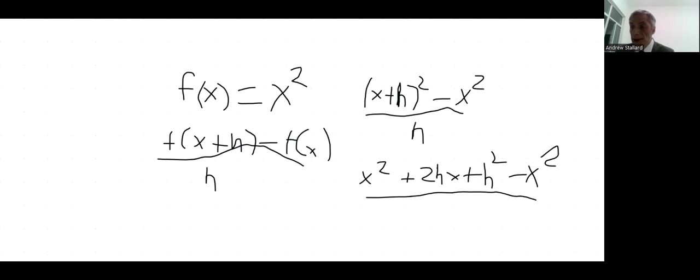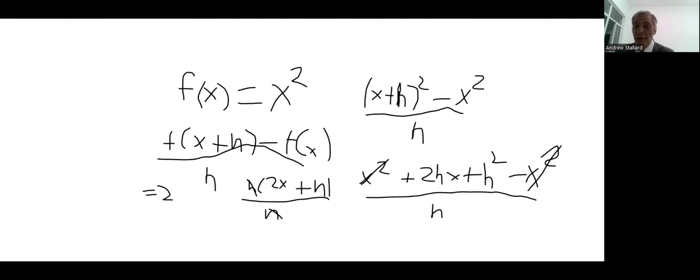These x squareds go away. We can factor out an h from the numerator: h times 2x plus h, all over h. And we can cancel the h. So now we take the limit as h approaches 0. We make h 0 and we get 2x.